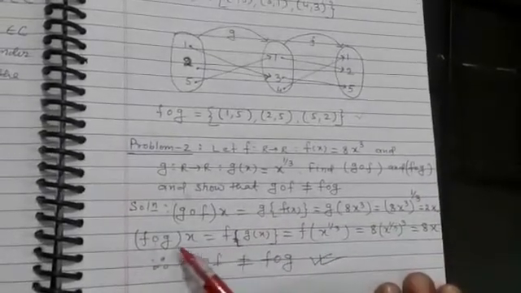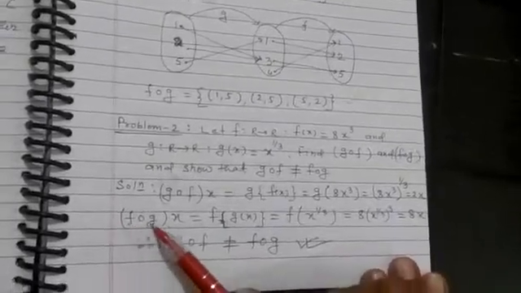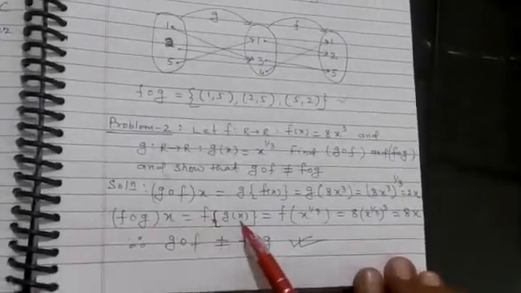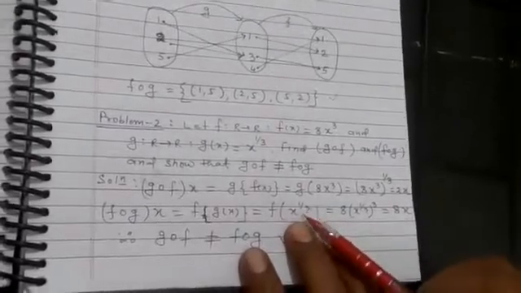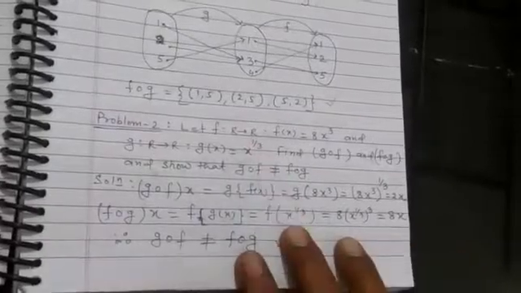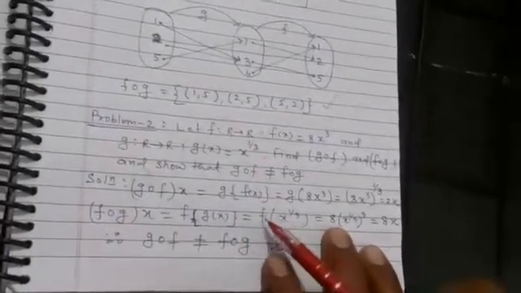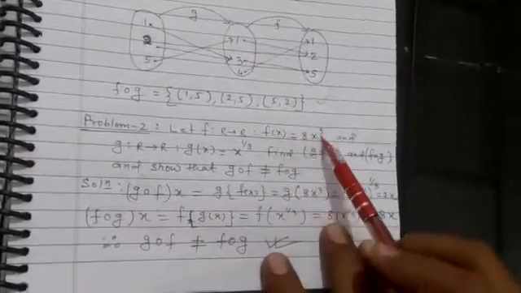Similarly, we have to find fog also. So fog(x) equal to f(g(x)), and g(x) is given as x to the power 1 by 3. Now for f of this, the f function is 8x cube.